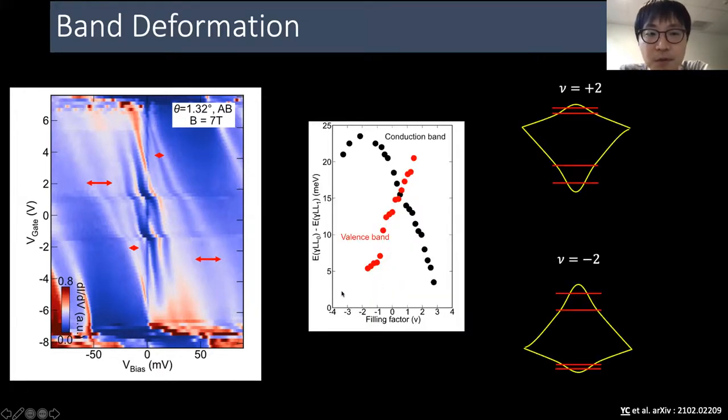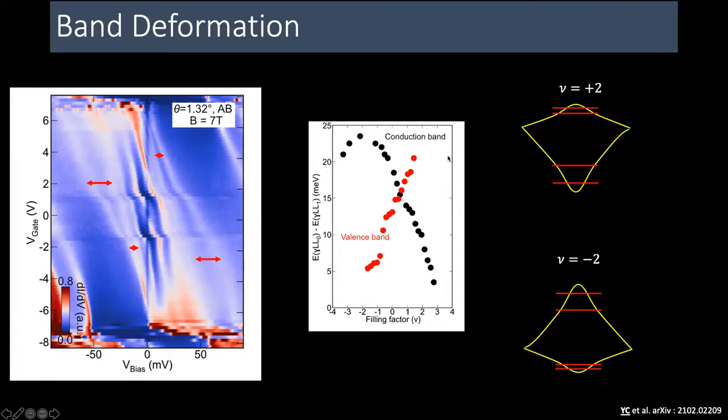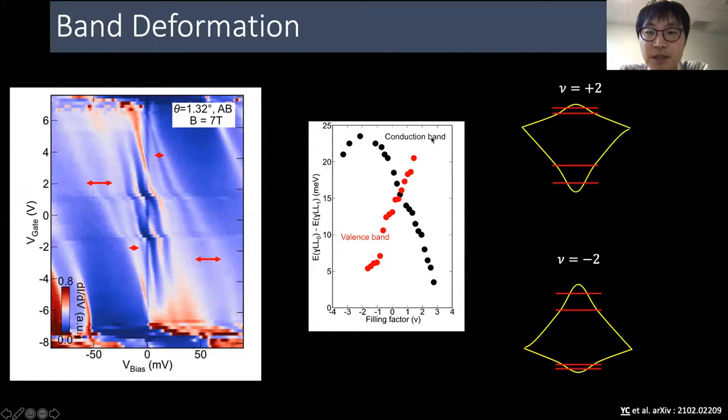From -4 to +4 filling factors, it changes from 5 to 25 meV for the valence band, and on the conduction band in an opposite way. This means that the band deforms significantly depending on the doping, and the conduction band and valence band deform in an opposite way.